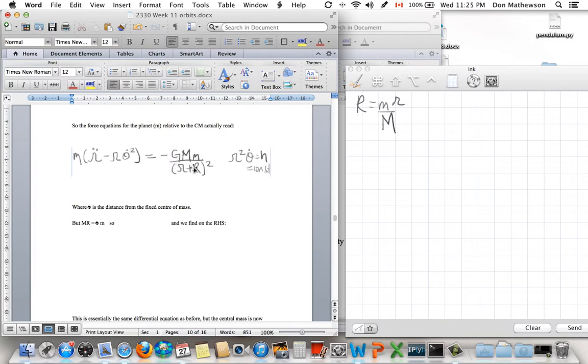And so over here, where we had negative G M m over this sum squared, we can write that as negative G big M little m over script r plus m over big M script r, all squared, which we can then pull out the script r squared, and we're left with 1 plus little m over big M squared, which will give us a big M over a big M plus a little m all squared.